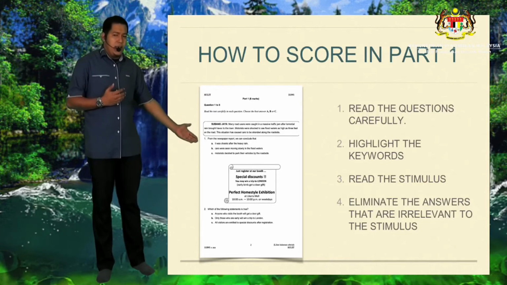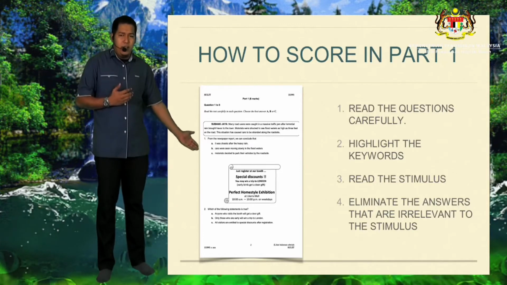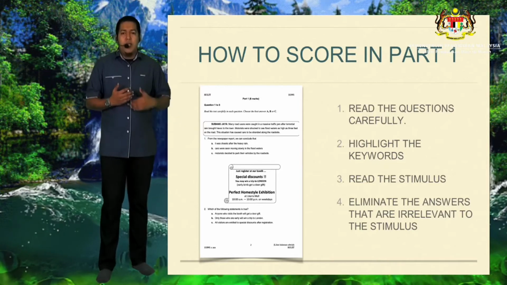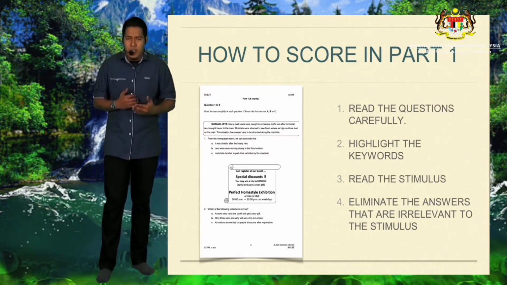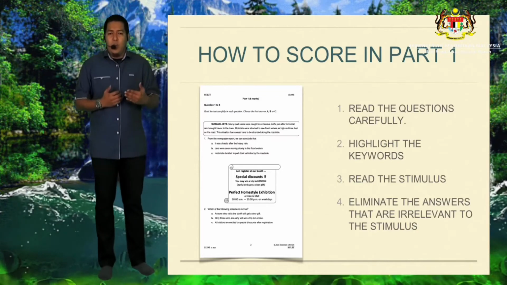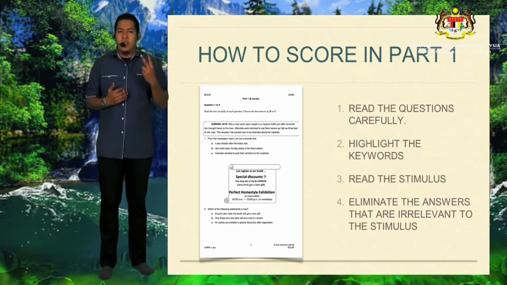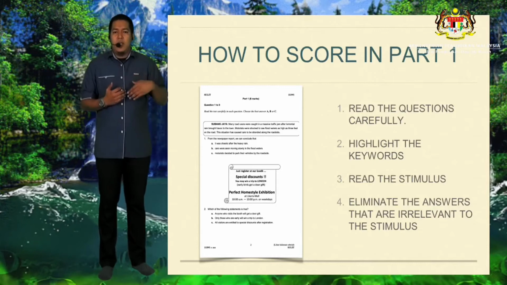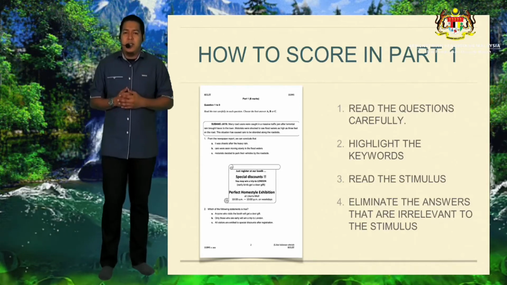There are 3 sample answers here, A, B, and C. If you don't eliminate one of them, you will get confused whether the answer is A or B or C. If you eliminate one of them, you only have 2 possible answers. And you can look again at the stimulus and decide which one is the best answer.